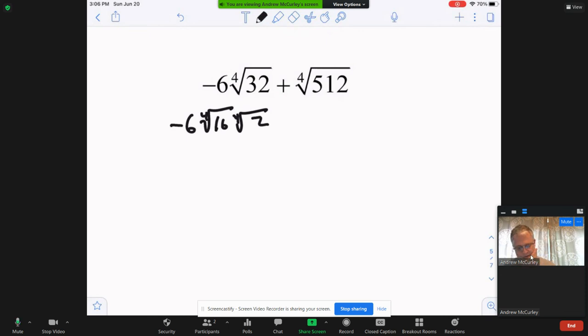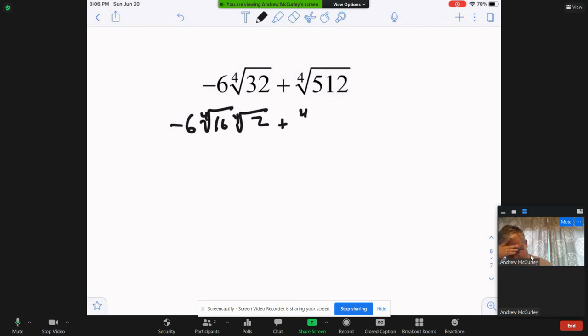See, what is it? 5, 12. I didn't write mine up. So plus, we're going to say the fourth root. Yeah, I guess we divide by 16 again.